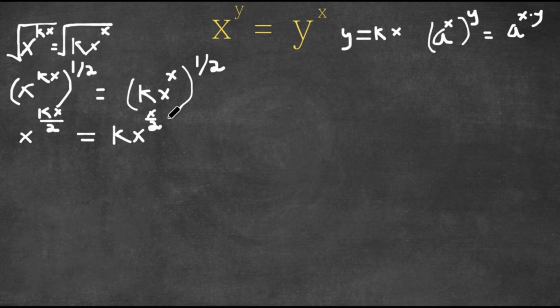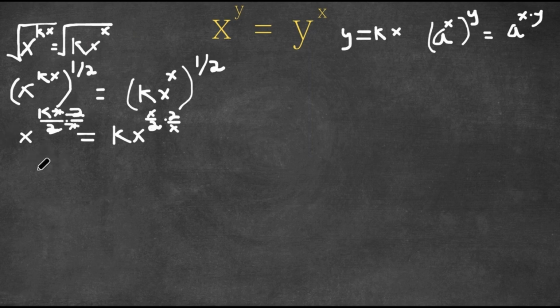Now what I'm going to do is raise both sides to the power of 2 over x. So I'm going to take the power of 2 over x on both sides. And that means that we multiply 2 over x to both exponents. Now for this, these two would cancel out and these x's would cancel out.